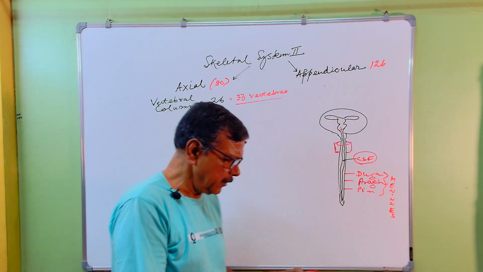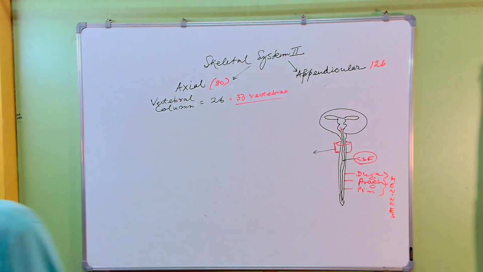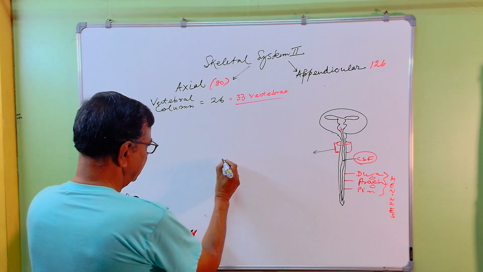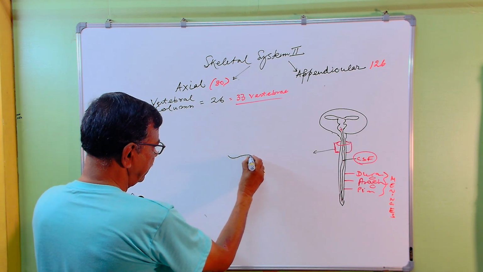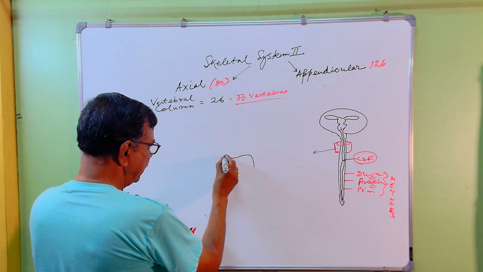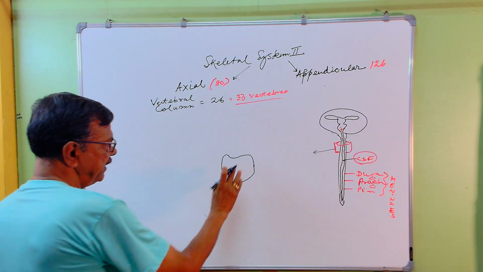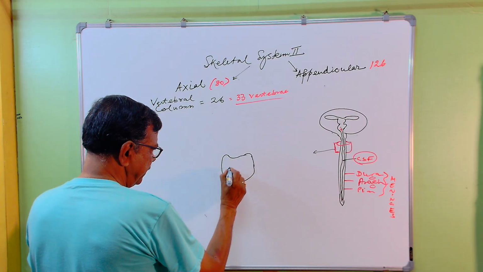Now let us take a look at how this vertebra looks. Let us draw the vertebra first. A vertebra contains a central mass, it is solid.